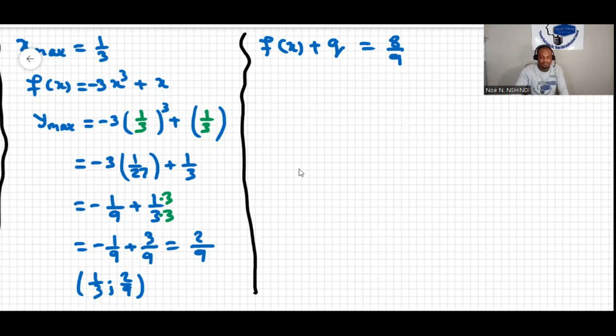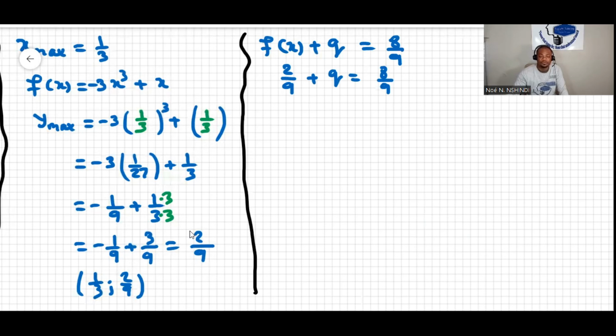Now, the f of x maximum we found is 2 over 9. We can substitute the 2 over 9 plus q equal to 8 over 9.